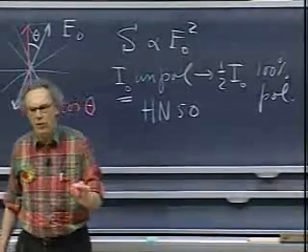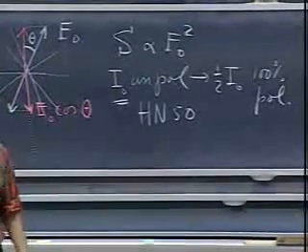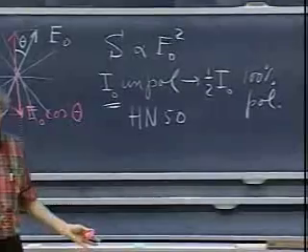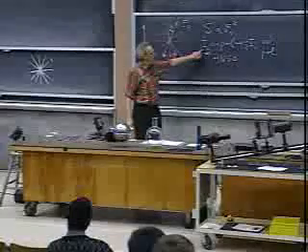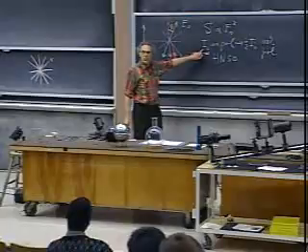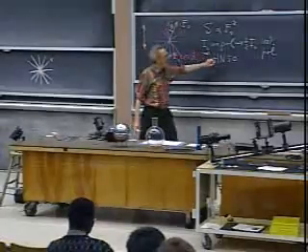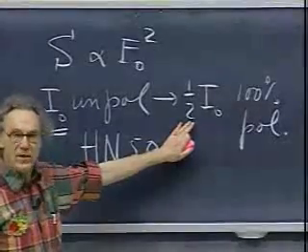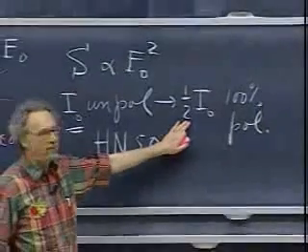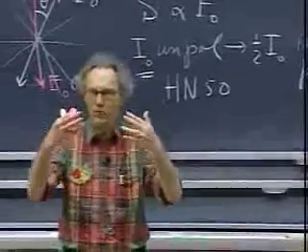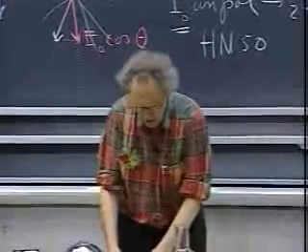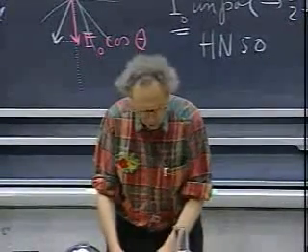I don't quite know what yours is. I didn't measure it. Yours may be an HN25 or maybe an HN30, which would then mean that the strength of an unpolarized beam would not be half of I0, but maybe only 0.25 or 0.3. But in any case, the light that will come through your linear polarizers will be very closely 100% polarized.